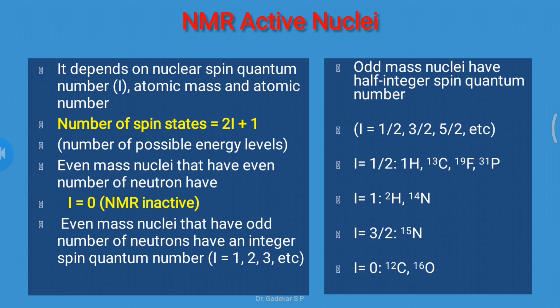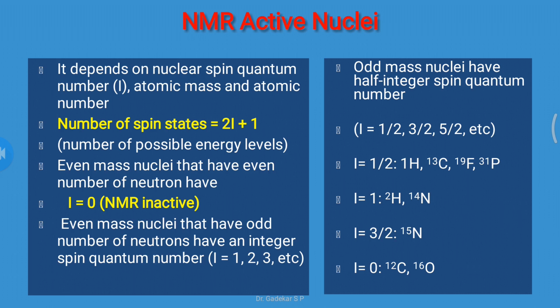If odd mass number, the atomic number gives a half-integral value of I, and these are NMR active. For example, I equal to 1/2: H, C13, F19, P31 are NMR active. I equal to 1: H2, N14, with spin quantum number 1, are also active. I equal to 3/2: these are also active.